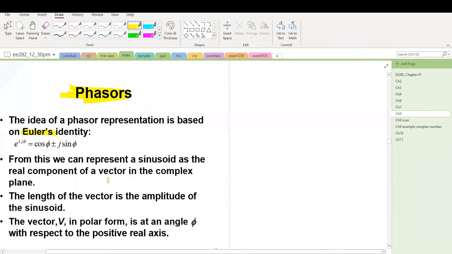To carry out operations in the phasor domain, meaning additions, multiplications, divisions, we want to know Euler's formula or Euler's identity. e to the power j phi equals cosine phi plus j sine phi. e to the power minus j phi equals cosine phi minus j sine phi.